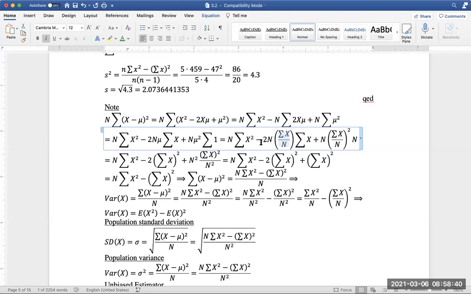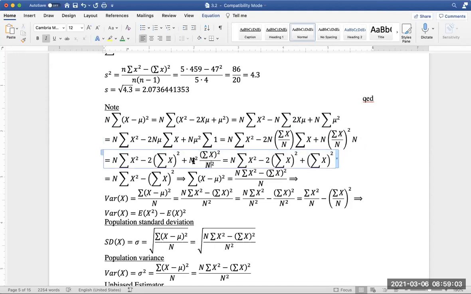The n's cancel. And so I just get minus 2 times the sum of x times the sum of x, the sum of x quantity squared. I get here n times n is n squared. Sum of x over n is just the sum of x quantity squared over n squared.